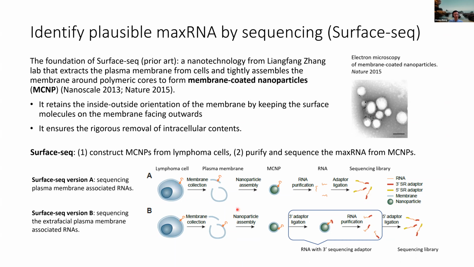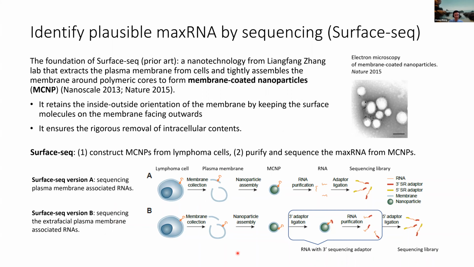So leveraging this technology, we developed a technique which we call surface-seq, which first constructs MCNPs from lymphoma cell membranes, and then purifies and sequences any RNA molecule facing the outside of such MCNPs. We developed two technical variations of this sequencing technique, and I'm not going to go into details.